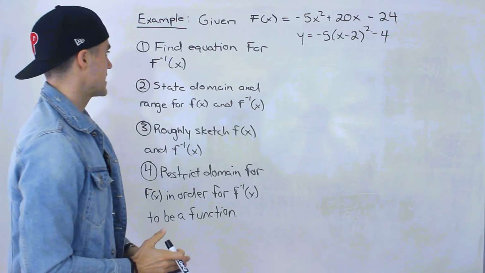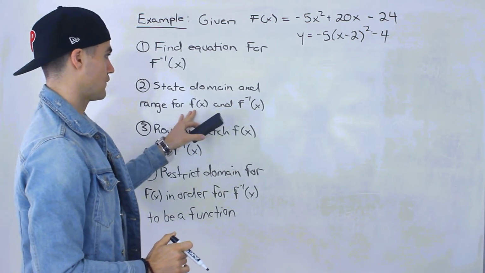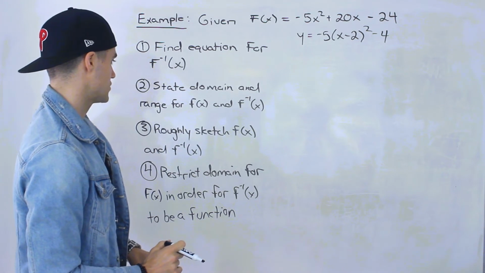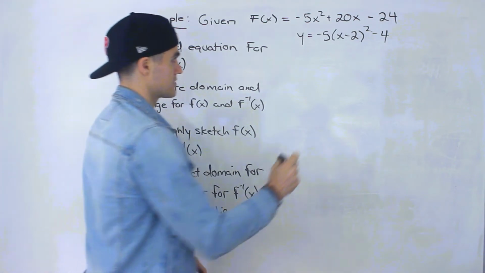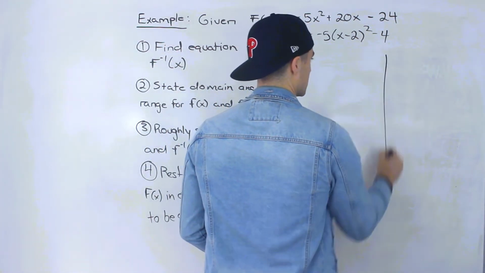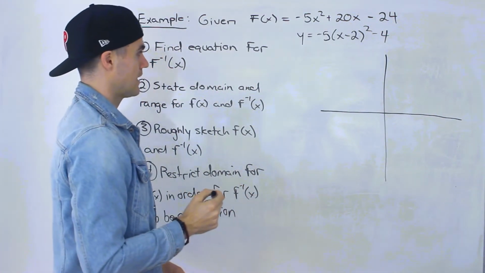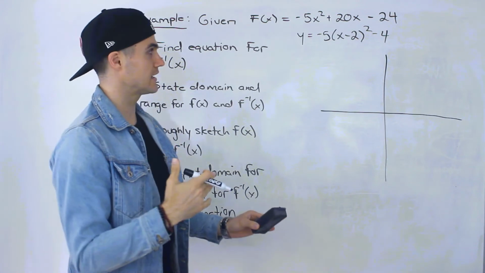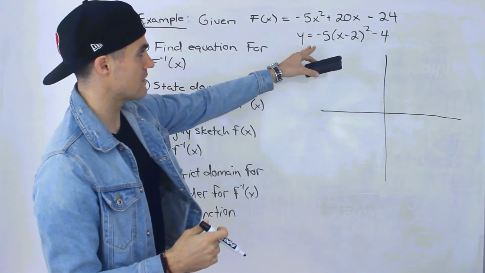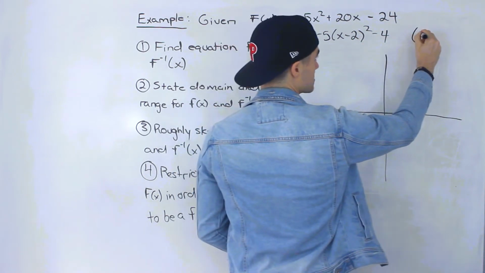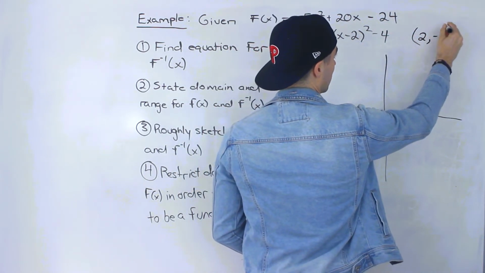Now number 2, it's asking to state the domain and range for the function and the inverse. And actually what I'm going to do is start sketching these, so I'm actually going to jump into part C as well. Now, I'm not going to make a table of values like I did before. In fact, if you have the vertex of the quadratic, notice the vertex here is +2 and -4.